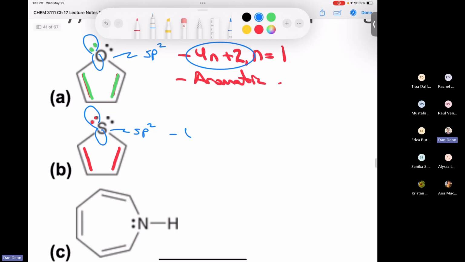Would it be a Huckel number, 4n plus 2? Yes, it would be when n is equal to 1. 4 times 1 is 4, plus 2 is 6, and we have a total of 6. And so therefore, this compound is aromatic.